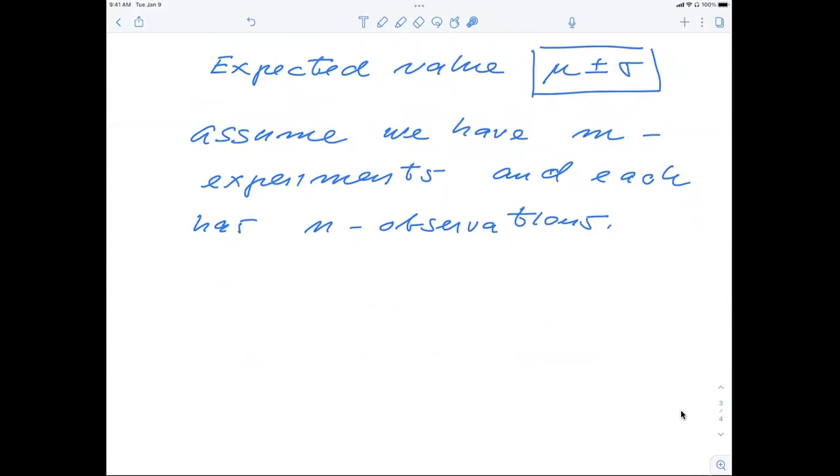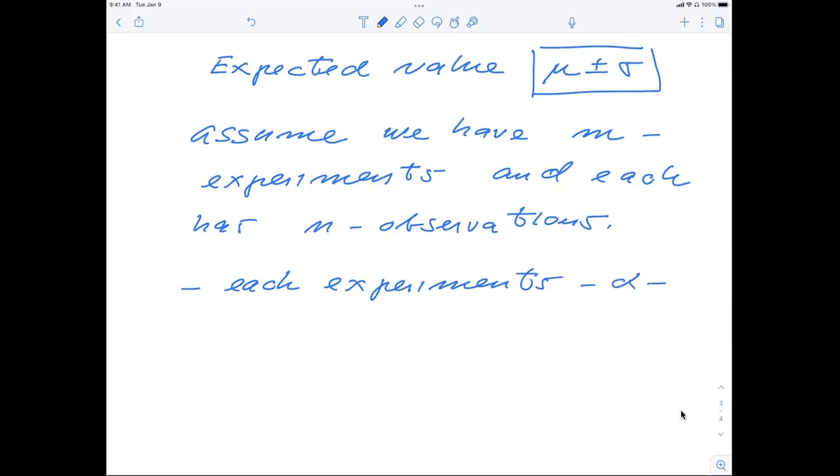So let's now think of each experiment here, and let's introduce a notation which we need. Each experiment has its own mean value and its own variance. And let's label each of these experiments as alpha.